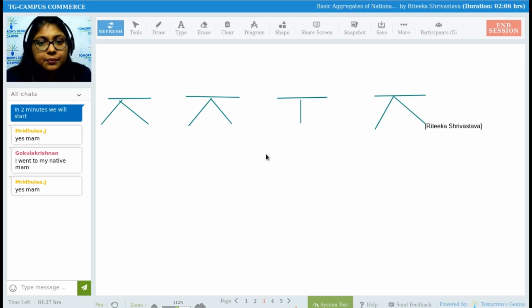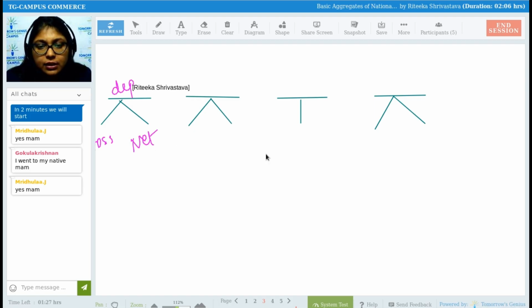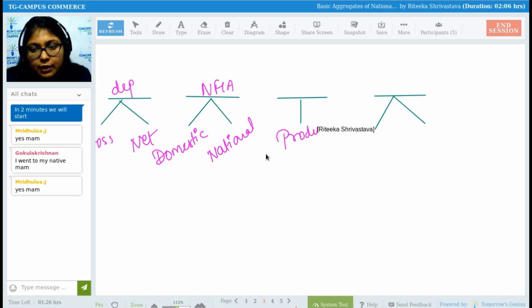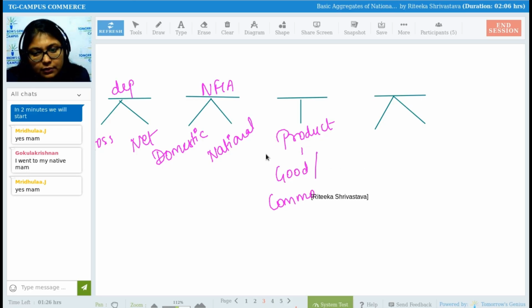Okay. So here I said it's gross and net, which has a relationship with depreciation. Then I told you domestic and national, which has a relationship with NFIA. Third one was product, which was the alone thing. So product means nothing but goods. It can be commodity. Okay, so this is only one.